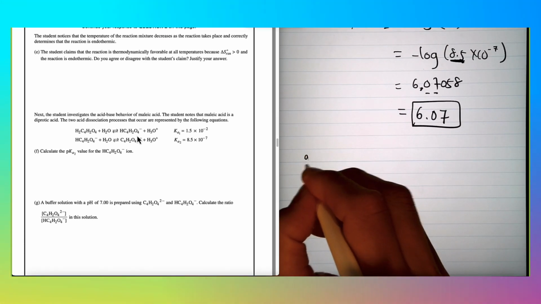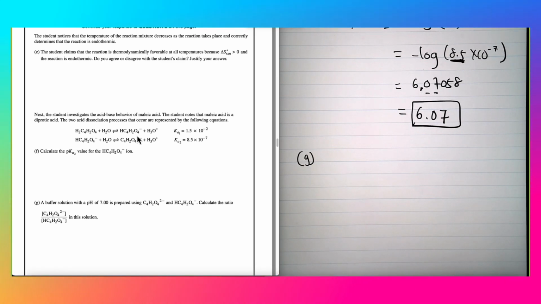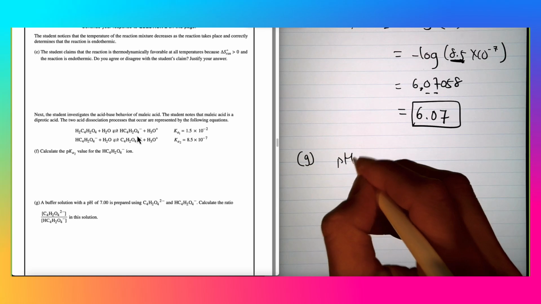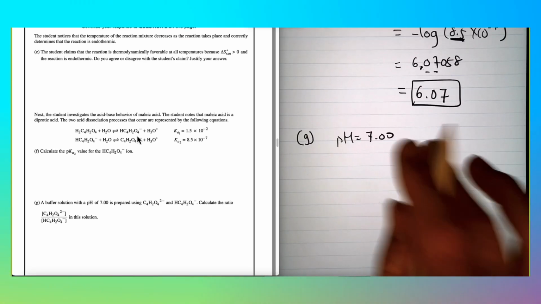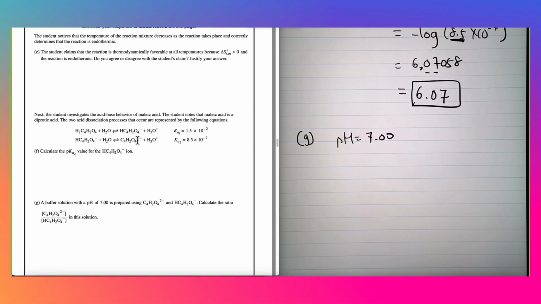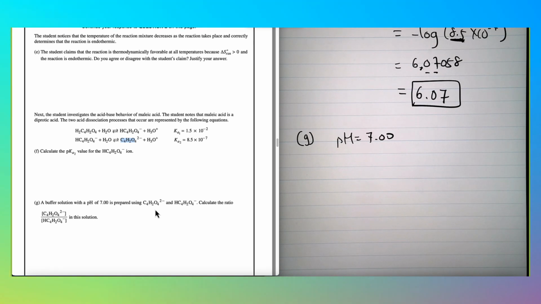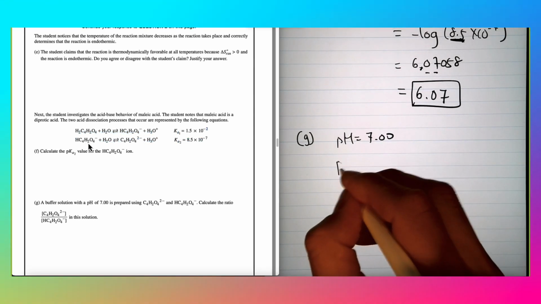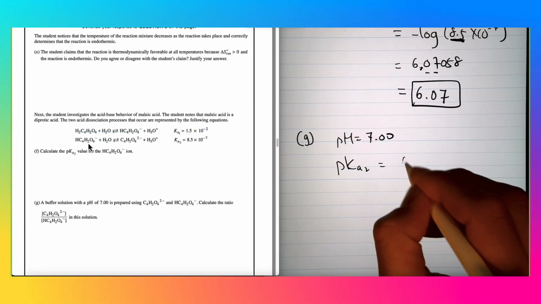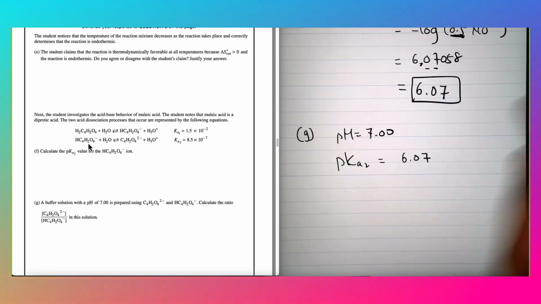And last one, G. A buffer solution with a pH of 7.0 is prepared. So we're given a pH of 7.0, prepared using this completely deprotonated species, and then this one here. In other words, we already know pKa2. What was it? 6.07. And then you see that ratio.